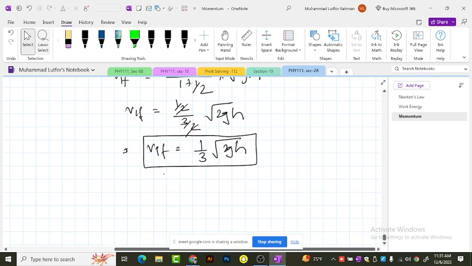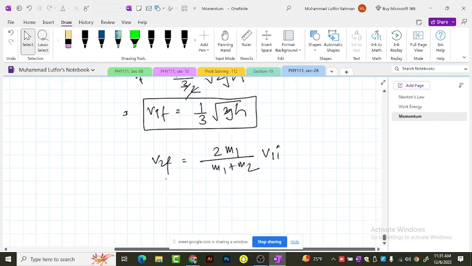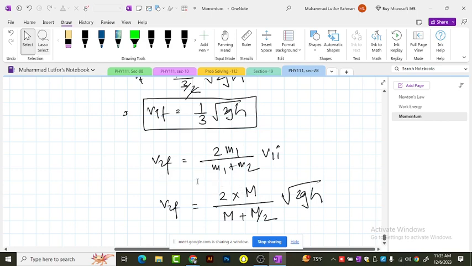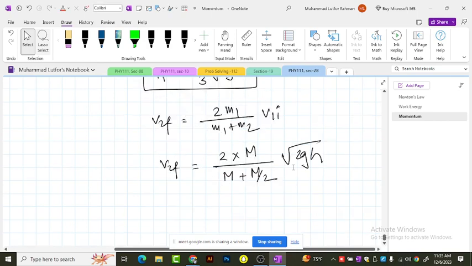Now what about that v2f? v2f is going to be simply 2 m1 divided by (m1 plus m2) into v1i. Then I will find this v2f is going to be that 2 into m1, the bigger mass, divided by m plus m by 2, into root over twice gh. Then I can also neglect this m from numerator and the denominator.